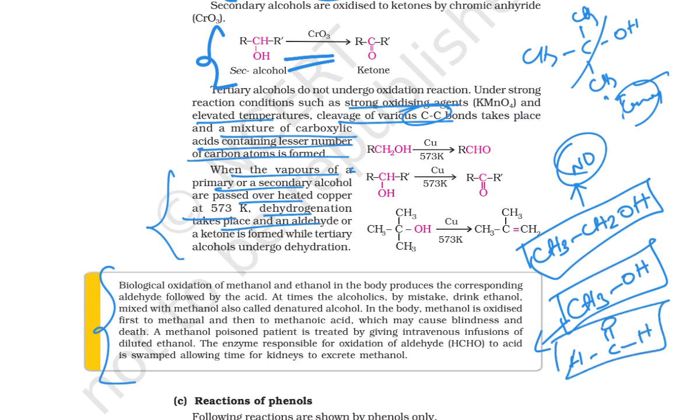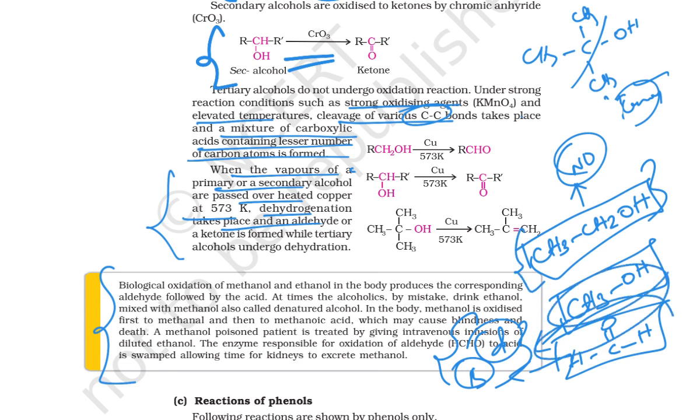This formaldehyde produces blindness or even death, okay. In villages, many persons try to produce alcohol their own way. If by mistake there is a formation of methanol, this leads to formation of formaldehyde. If they are consuming the methanol, it becomes formaldehyde. At that time, there is more possibility of blindness and even death, okay.